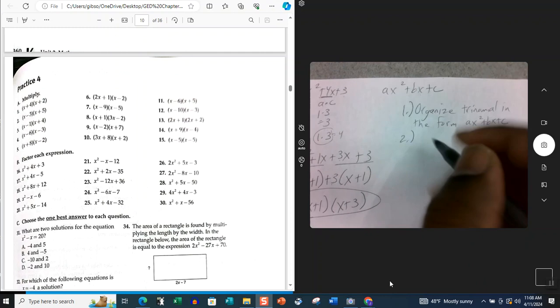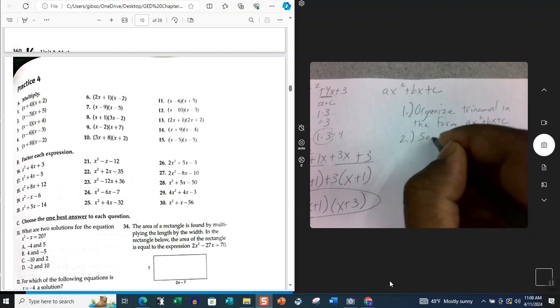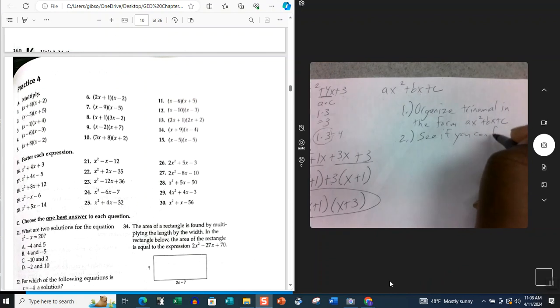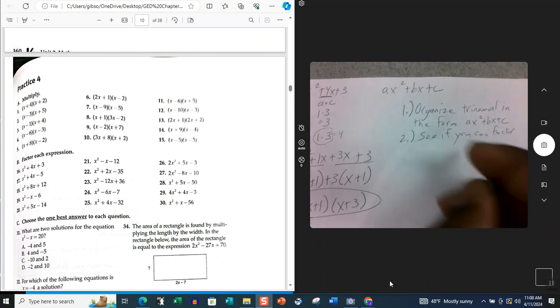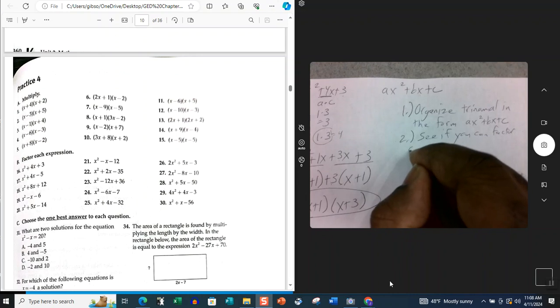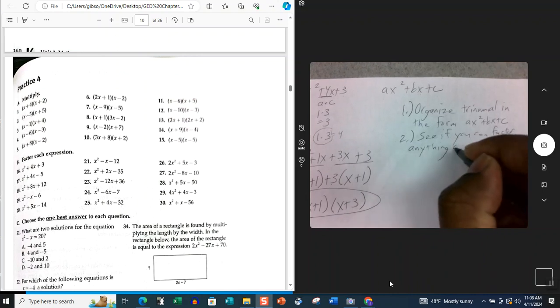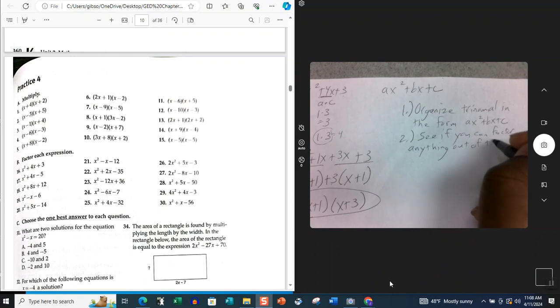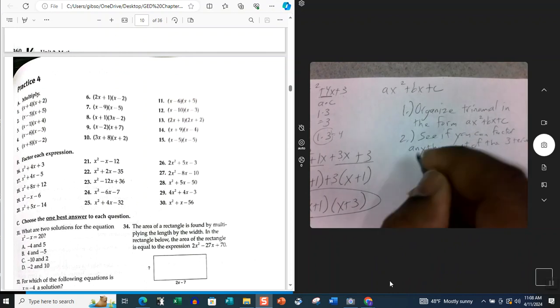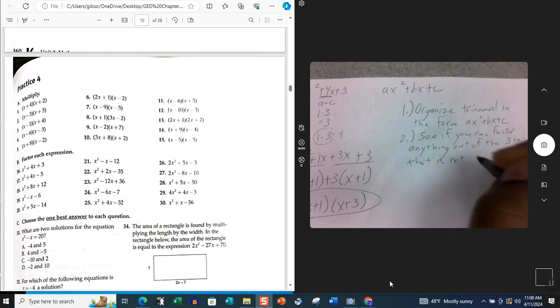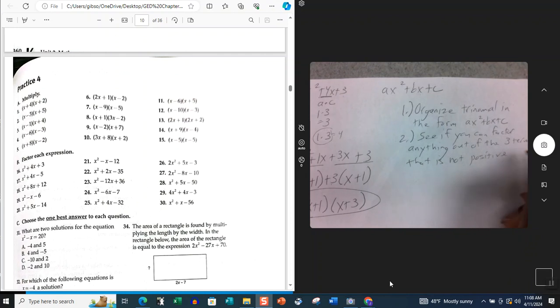Step 2, see if you can factor anything out of the three terms that is not positive 1.